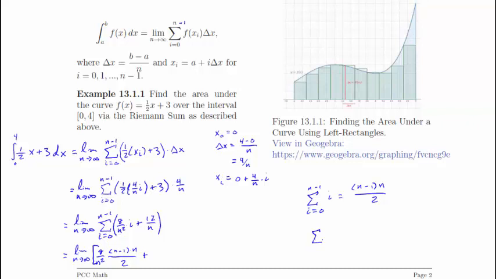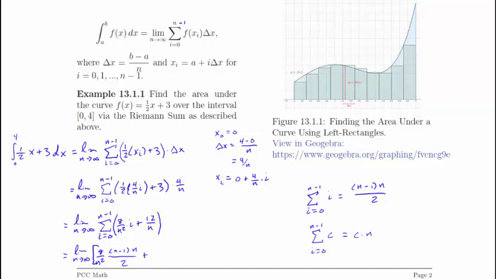Well, the sum of any constant is saying that I'm adding this to itself n times. So this is c times n. So the sum of 12 over n is saying we're just adding this. i is not in this, so i is our variable. There's no i, so this is just saying add this constant to itself.